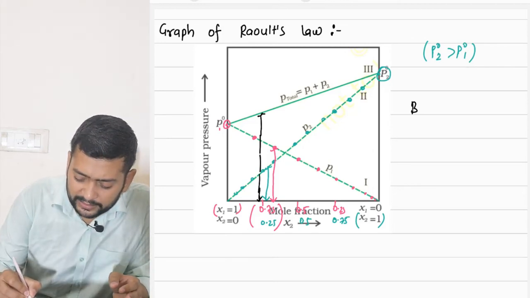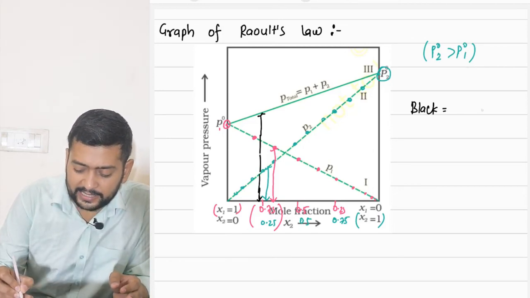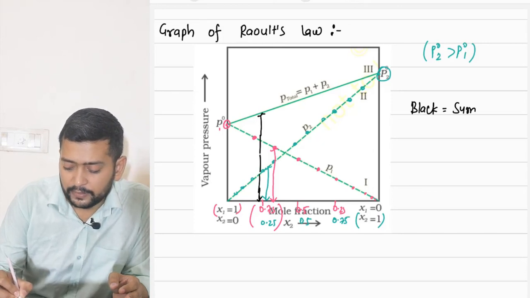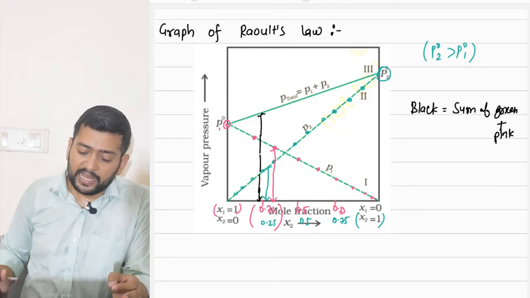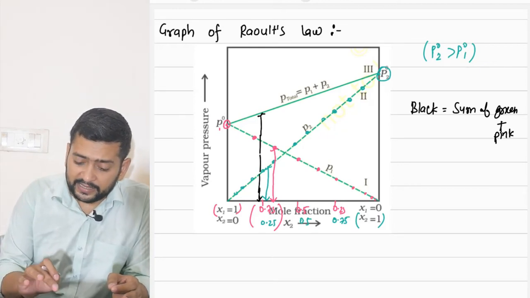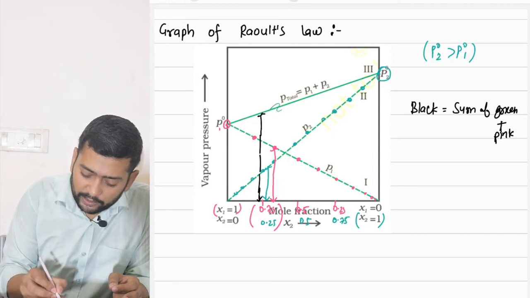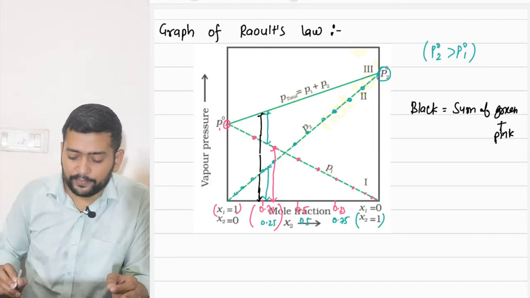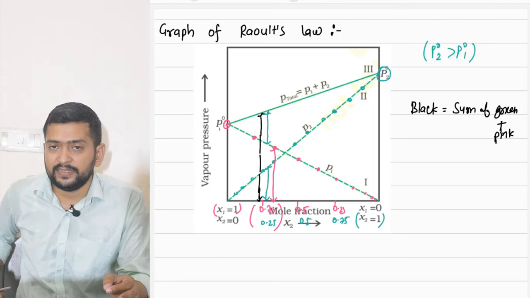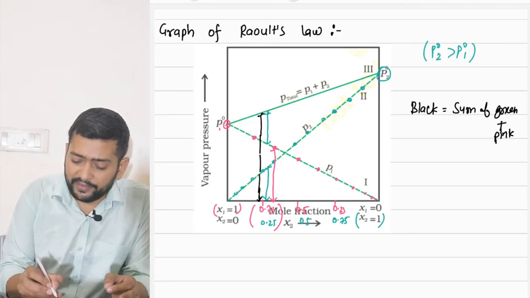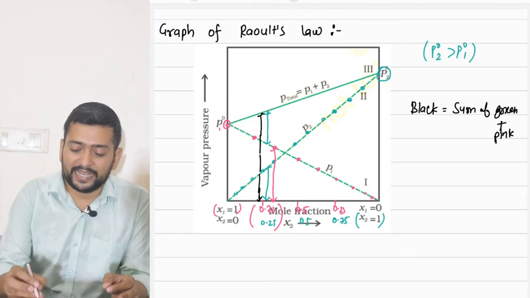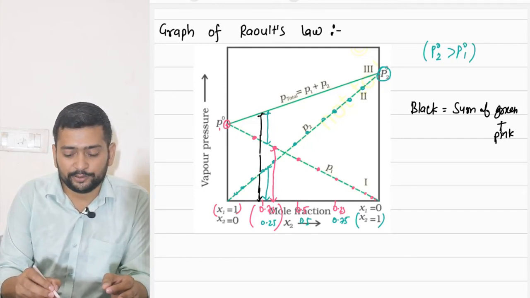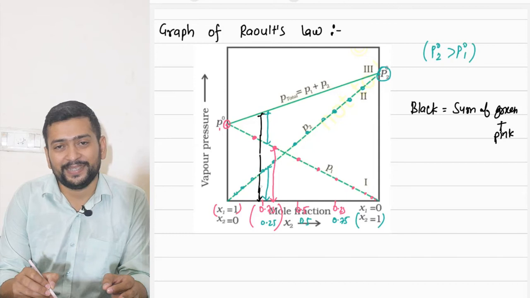So here you can understand that the black color line is basically the sum of green plus pink. For your understanding I am writing it this way. This green color line which you can see over here, again this value is going to be the same. Both of these lines will be the same. Why? Because if I remove the pink from the black, meaning if I remove the value of P2 from the total value, I am going to get the P1 value again.